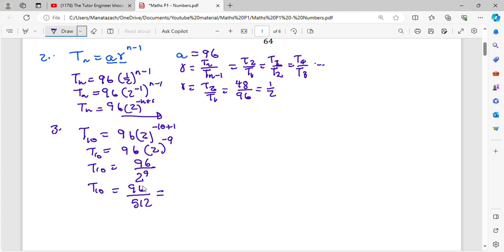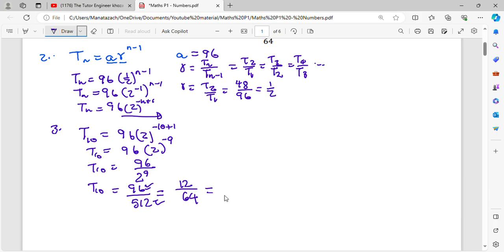You can simplify 96 over 512. Let's try 8. So you're going to divide the numerator and the denominator by 8. When you divide the top by 8, you get 12. When you divide 512 by 8, you get 64.